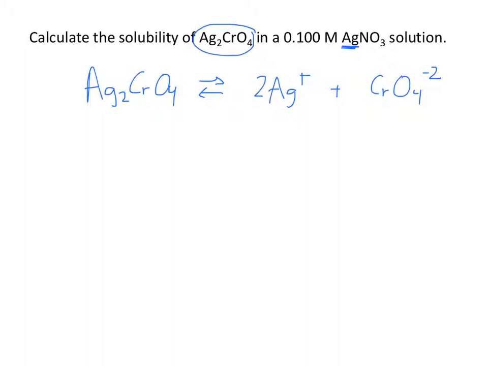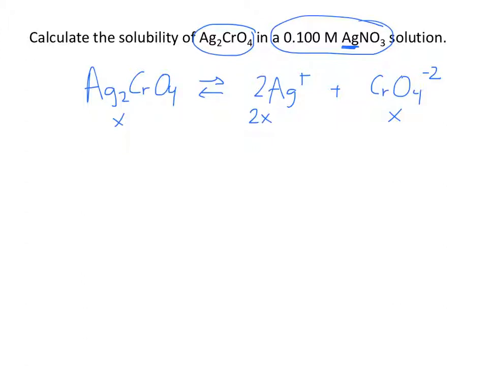It's the same starting reaction, Ag2CrO4, and if it dissolves, it'll make 2 Ag+ and CrO4 2- ion. Now what's different about this problem? We had the x and the 2x and the x, but what's different is there's already 0.1 molar silver nitrate, which means there's already 0.1 molar silver in my solution.